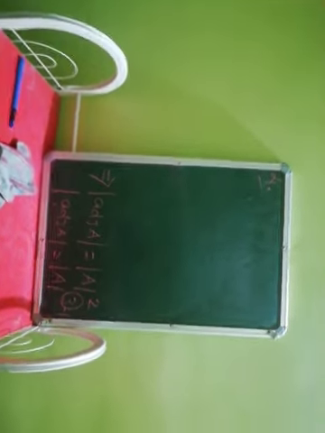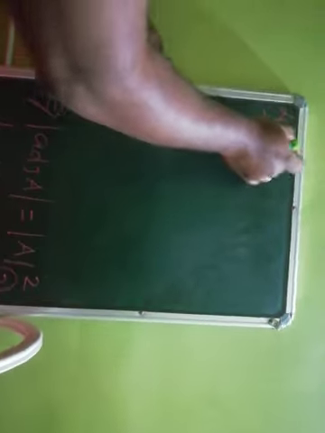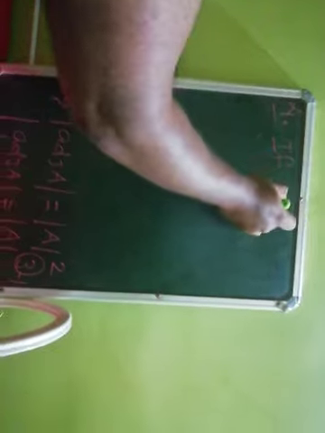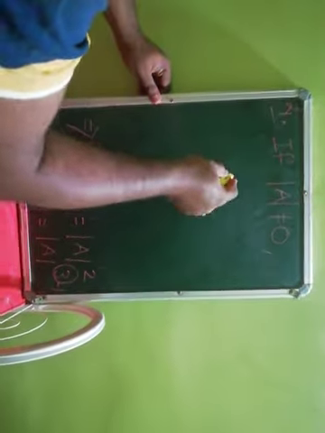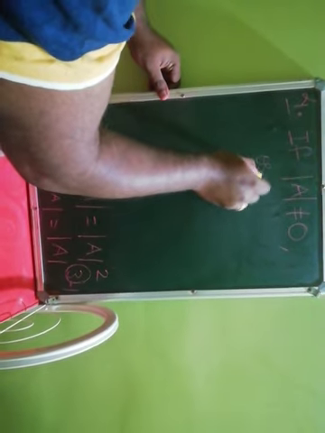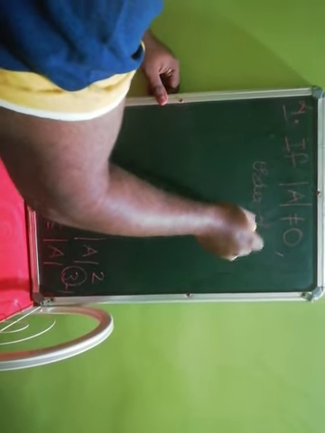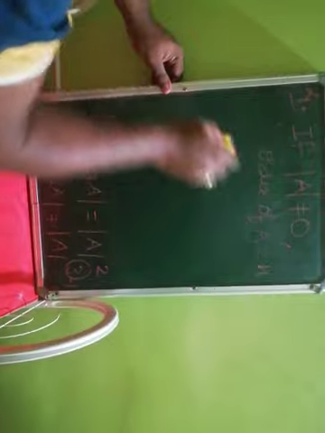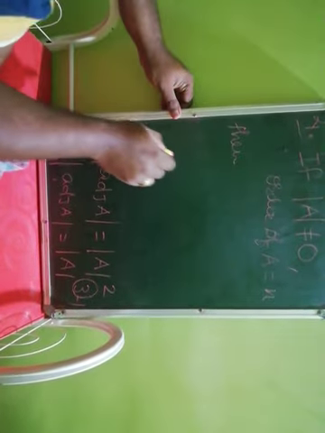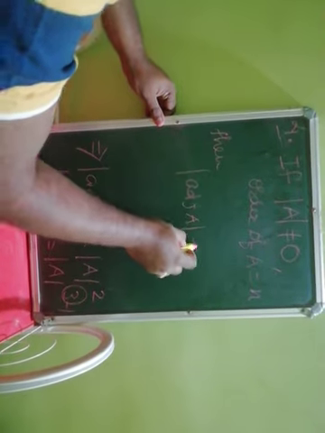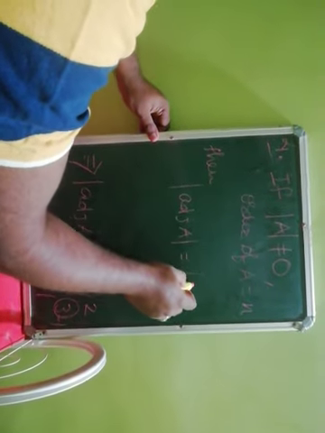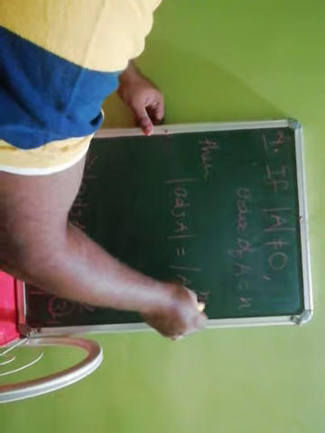इसको कैसे जनरलाइज कर रहे हैं? मैं ऐसे जनरलाइज कर रहा हूँ, if A is any square matrix which is non-singular and the order of this matrix A is n, then the determinant of adjoint of A is determinant of A raised to the power n minus 1.